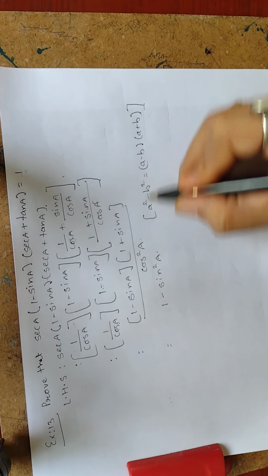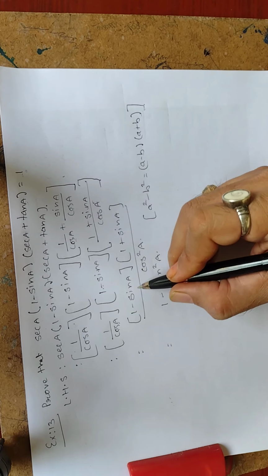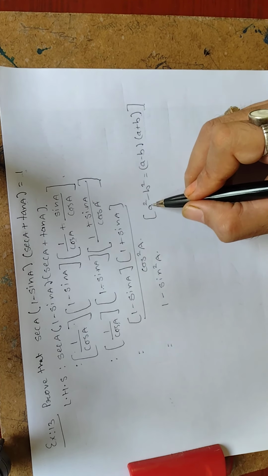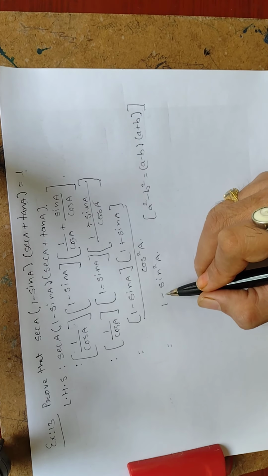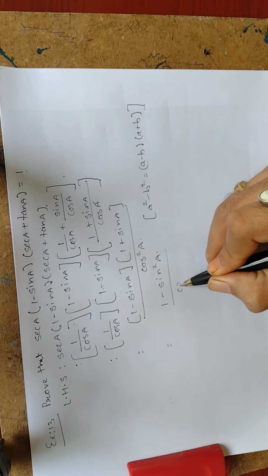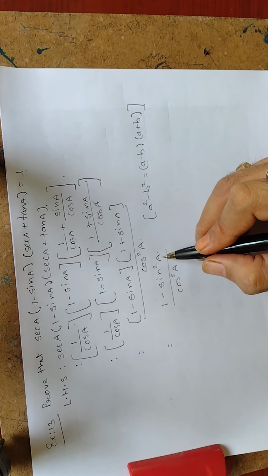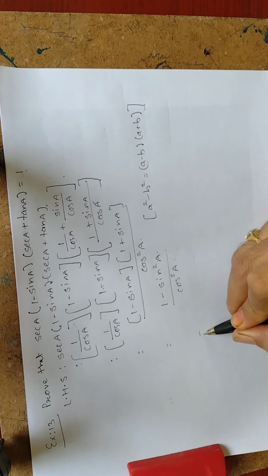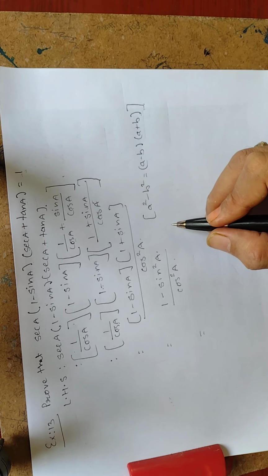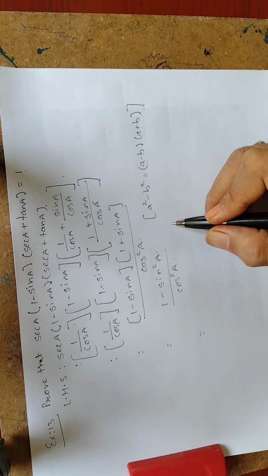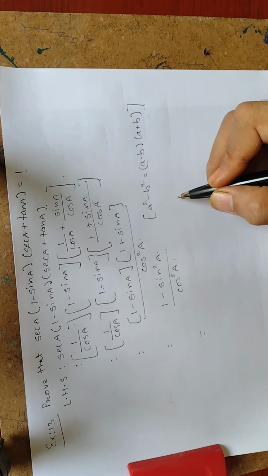Clear? So this thing we have used here: it is given in the form of (A minus B)(A plus B), and we have written it in the form A square minus B square. Here A is 1 and B is sin A, so we are writing 1 minus sin square A upon cos square A. Now you know the identity that 1 minus sin square A is what? Cos square A. We know the identity, again I am reminding you, that sin square A plus cos square A equals 1. Then tan square A equals sec square A minus 1, and cot square A equals cosec square A minus 1.